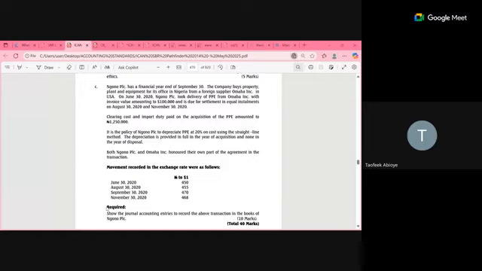So let's look at the question together. It says, show the journal entries to record the above transaction in the financial statement in the book of Ngono PLC.